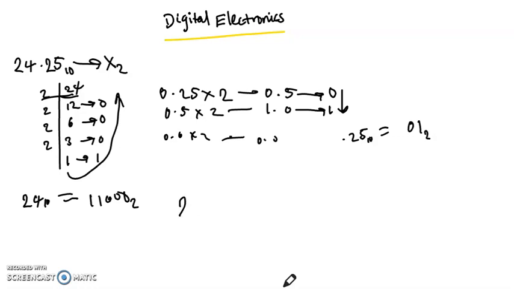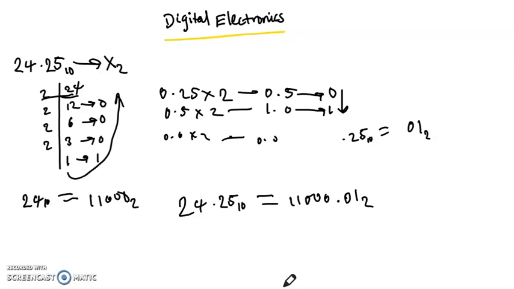This means that our 24.25 to base 10 is 11000 point, and now we have 01 to base 2. This is how you can convert this type of number that has a dot in between. If you are to convert 24.25 to binary, this is what you are going to do.